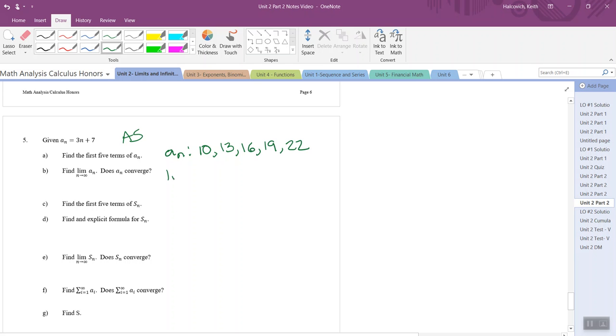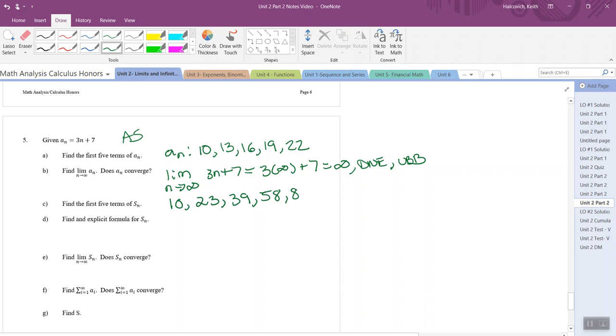So the limit as n approaches infinity of 3n plus 7, that's 3 times infinity plus 7, which is just infinity. First 5 terms of the sum, you get 10, 23, 39, 58, and then 80.